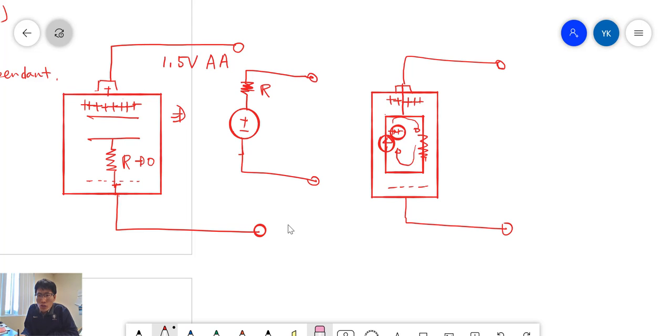When these 2 terminals, positive and negative, are connected to the other circuits, then this current, this charge starts to flow through the circuit. So in this circuit, one current source is connected with the resistance in parallel. So this is the current source, and that one is the voltage source. This is the current source. We learned before.